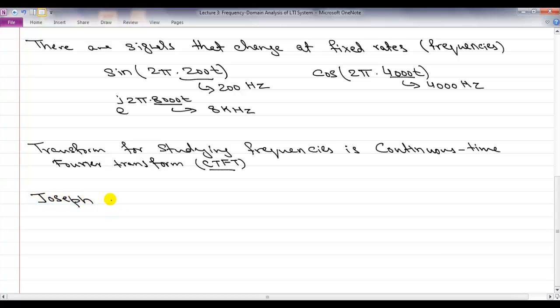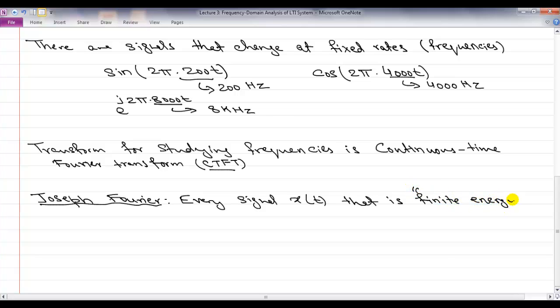Joseph Fourier, a famous mathematician, was the guy who basically understood this concept, and the Fourier transform is named after him. What he said was that every signal x of t that is finite energy, and we'll look at what finite energy means mathematically, it doesn't matter if the signal is periodic or not.